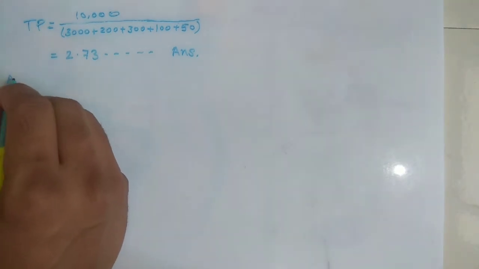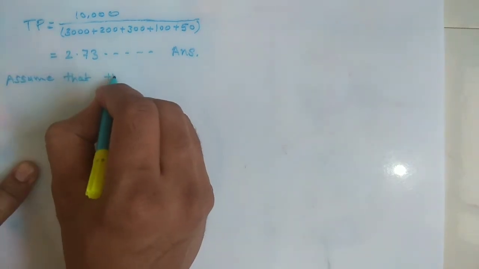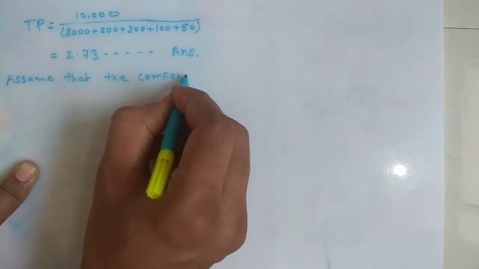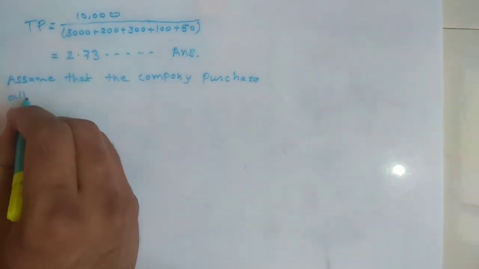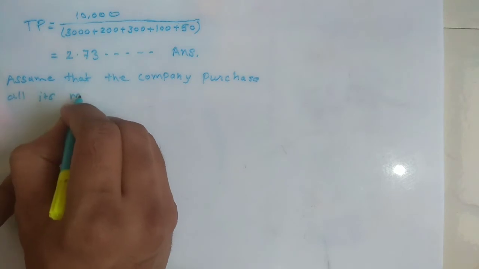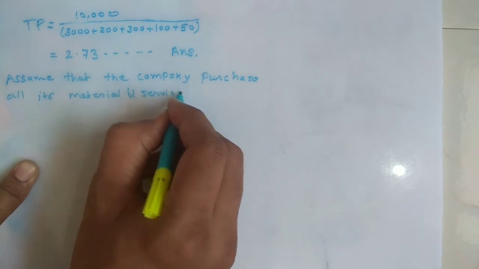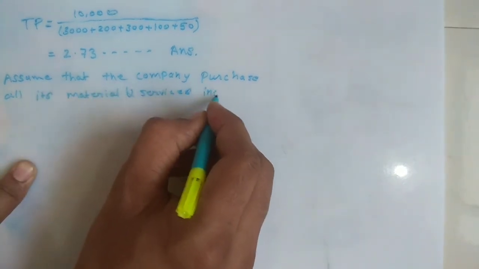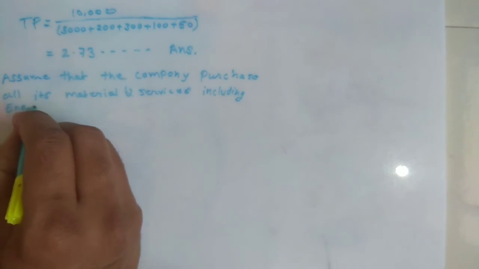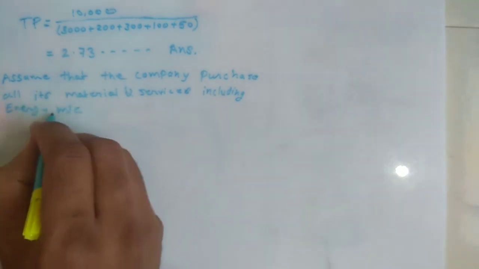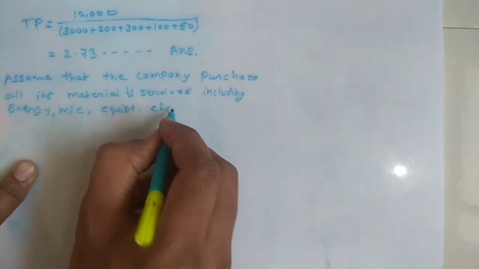So I write here, first assume that the company purchases all its material and services including energy, machines, equipment, etc.